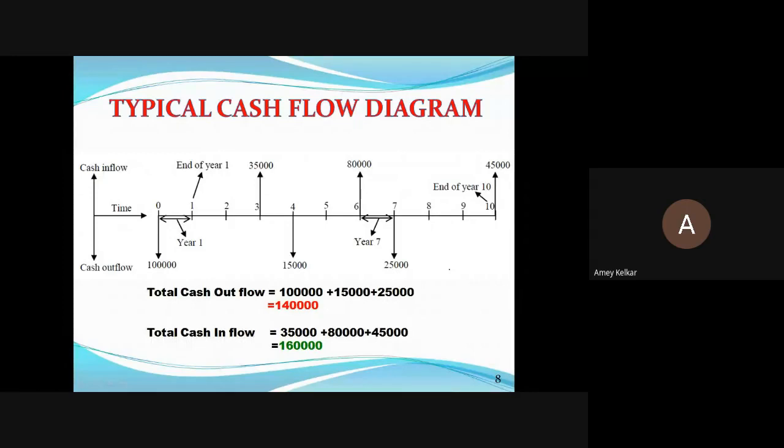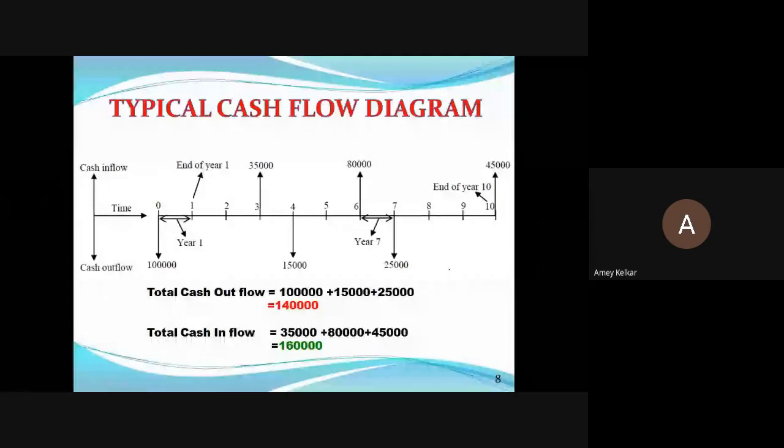But what you are doing is putting money from your own pocket, feeling that the owner will give, but the owner delays the payment. Your money dies because you have already invested it and you don't have direct returns from it, whereas the owner who had promised to invest is delaying, and his money is growing there. Okay, so that is where your cash flow diagrams will be very, very important. That is what a typical cash flow diagram is.